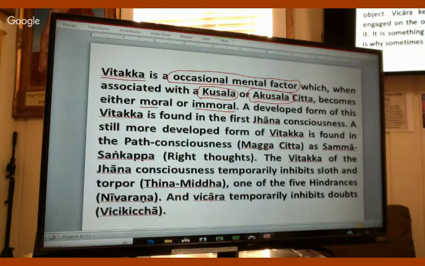Samma Sankappa is Vitaka associated with the wholesome mind. So when you try to do good things, your Vitaka is Samma Sankappa. Okay. Very, very important to understand clearly. So a developed form of this Vitaka is the jhana consciousness.